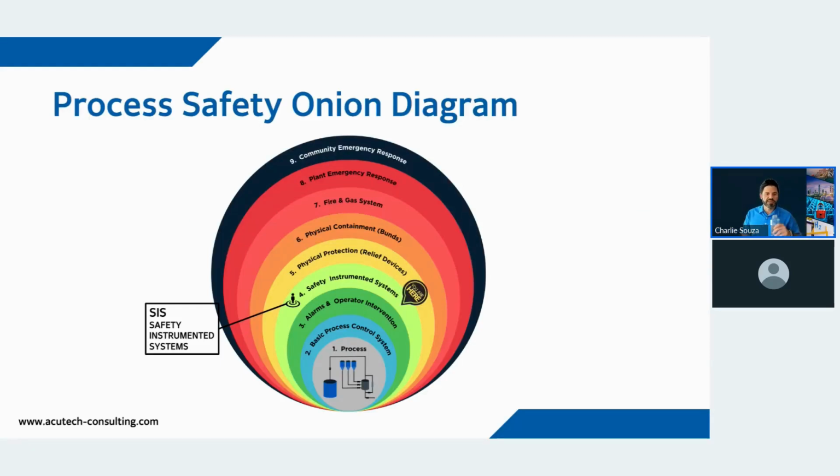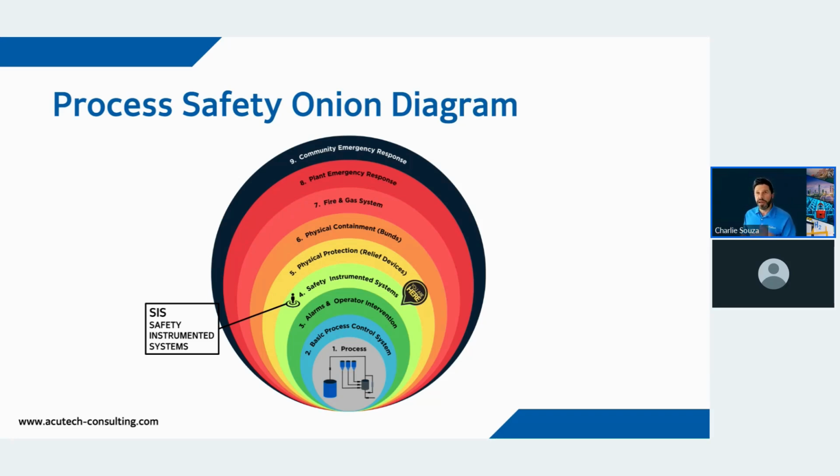Just to give us an idea of where we are, for those who are not technically involved in safety instrumented systems. If we look at our classic process safety onion diagram, we'll see that we are right above the basic process control system and alarms and operator intervention. So we are a layer right above your PLC or DCS system.